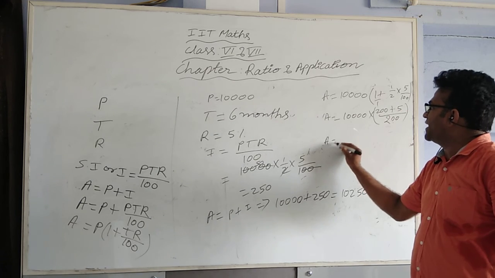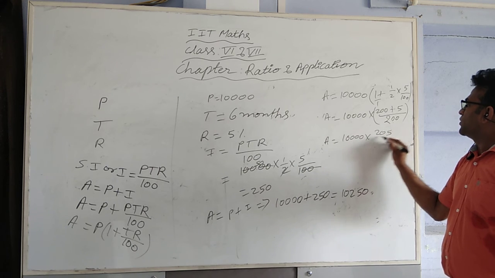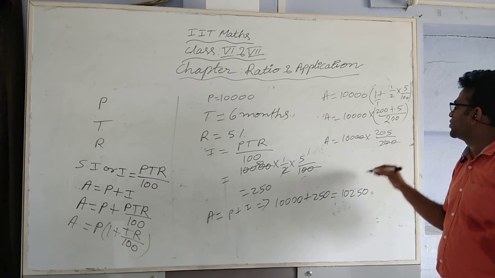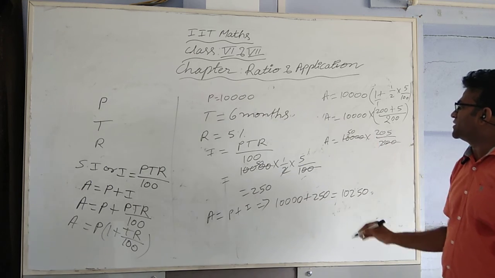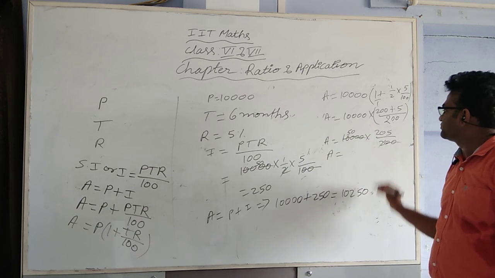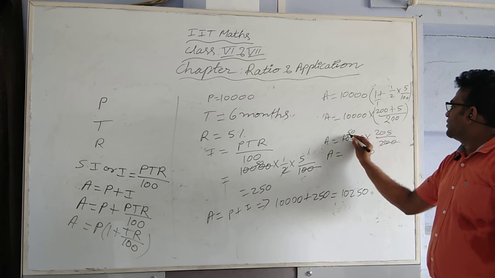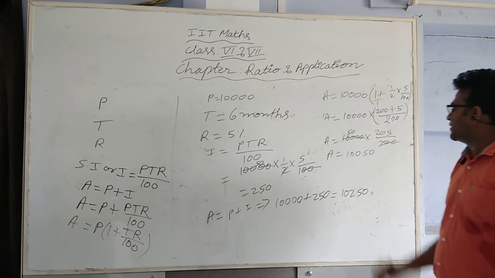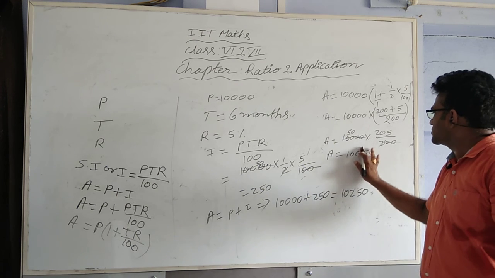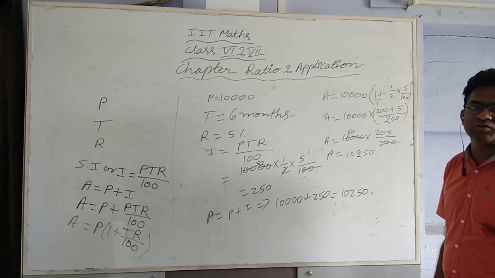So finally A is equal to 10,000 into 205 by 200. 2 zeros get cancelled. 2 ones are 2, 2 50s, so 50, 5 5s are 250. Sorry, already we have 2 here, so 1 not 2. That's why 10,250.